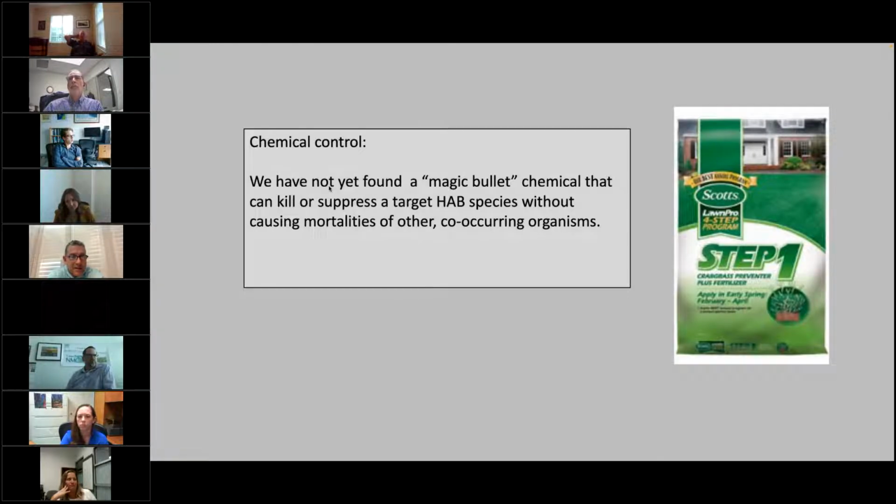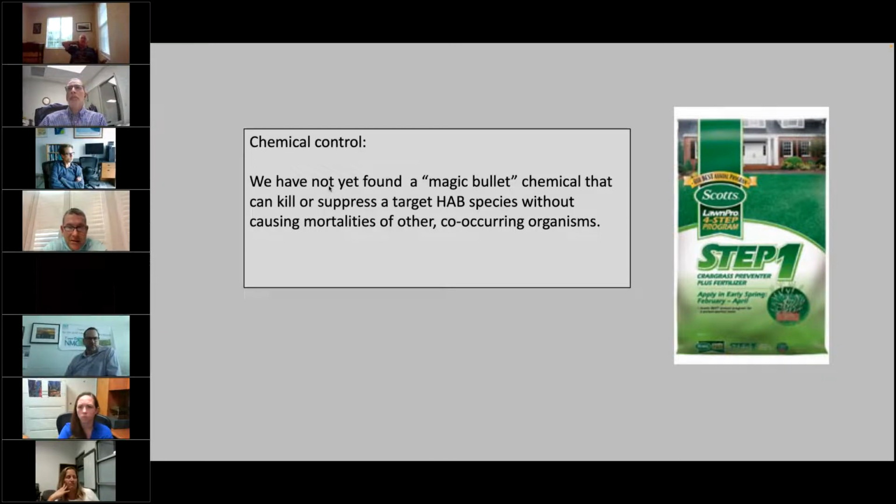There are a few other folks out there working on different kinds of chemicals that might work, such as ozone, or various algicides that might be appropriate. But the truth is that we have not yet found what I would call a magic bullet. I use the analogy with this image on the right, where you can put this material on your lawn and it keeps crabgrass, or another one will keep dandelions, from growing, but the grass will still grow.